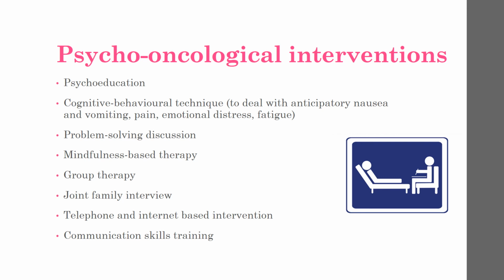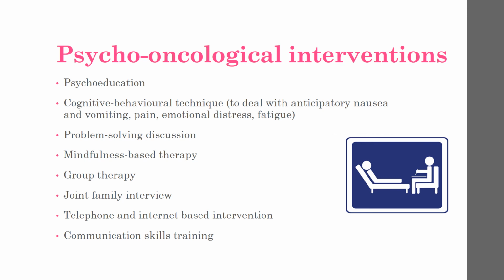Now, this is another interesting one because there's been research that looks into how we include the family and the patient within the therapy group and provide this kind of more family oriented intervention. Then there's been research that looks into the feasibility of telephone and internet based interventions, especially for people who have no access to one-on-one counseling services.